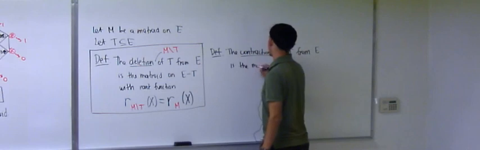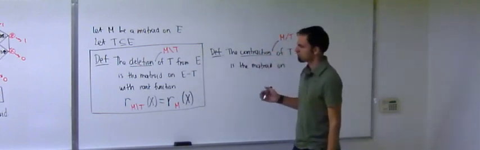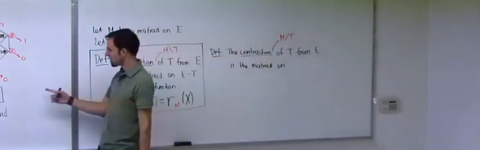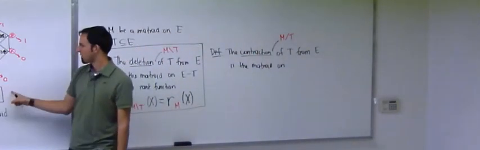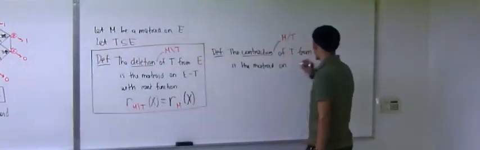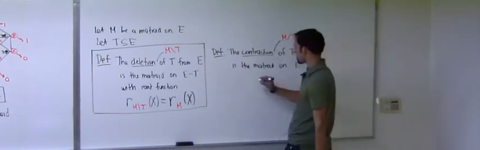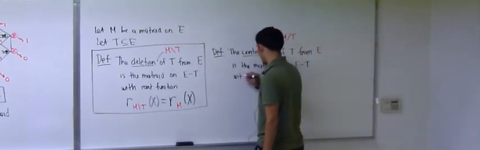What is the ground set of this guy? Well, here I contracted 4, and my ground set was everything except for 4. So this is also going to be a matroid on E minus T. You just have to say what its rank function is.